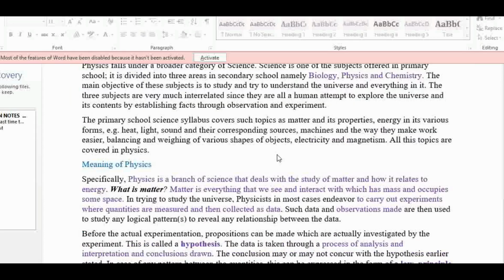The primary school science syllabus covers topics which include matter and its properties, energy and its forms, heat, light, sound and their corresponding sources, machines and the way they make work easier, balancing and weighing various shapes of objects, electricity and magnetism, and you'll always find that these topics are covered in physics.